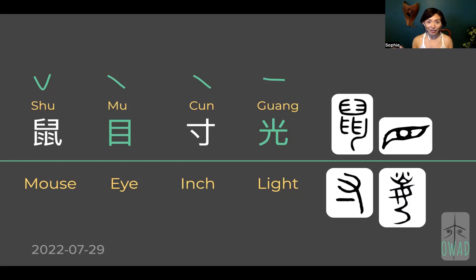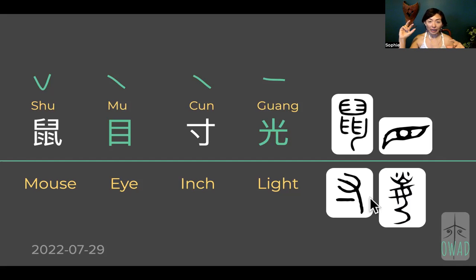So this inch is different from the Chinese inch, even if we translate it as inch. This is a measurement on your hand, about this position. This is how far this inch measurement is. It's just visually indicated to you.